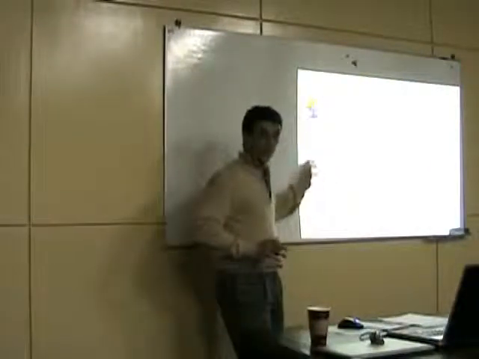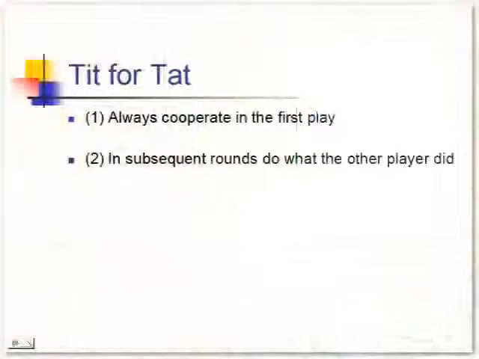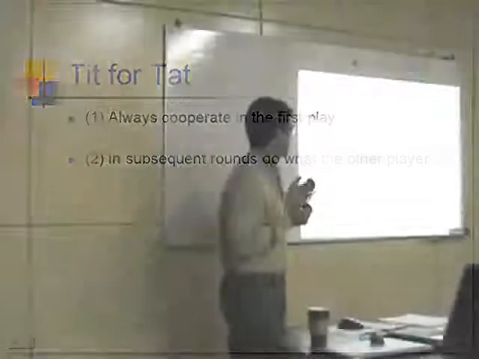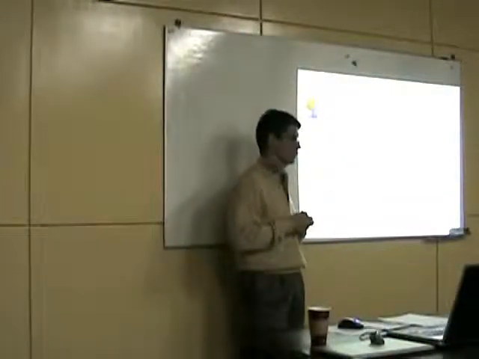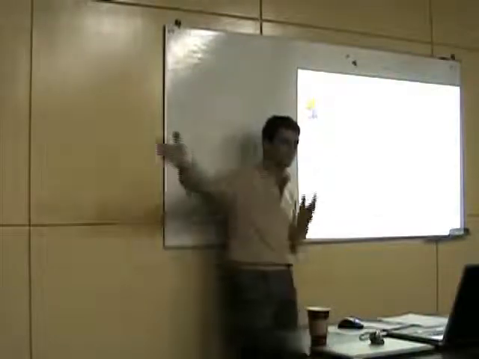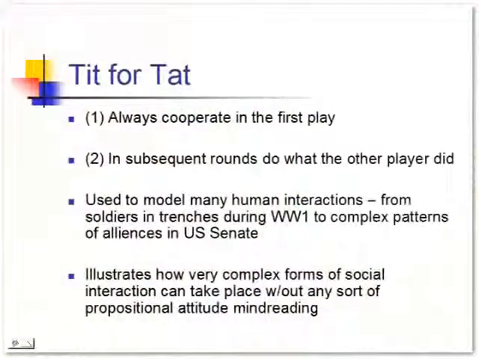But in this book by Axelrod that I mentioned yesterday, he synthesizes a number of empirical studies that have shown how you can use tit for tat to illuminate or to model many complex human interactions, including interactions between French and German troops during the First World War, and patterns of alliances in the United States Senate.